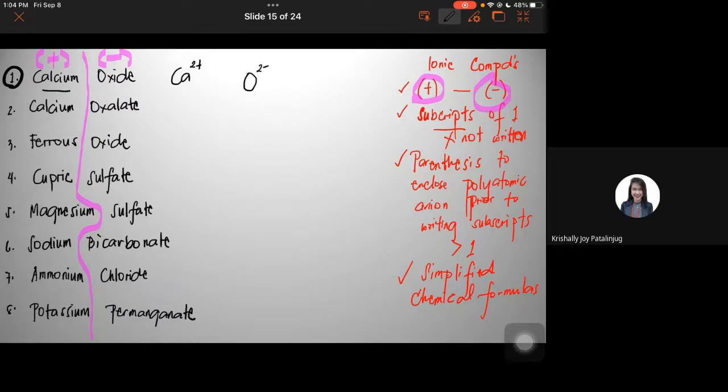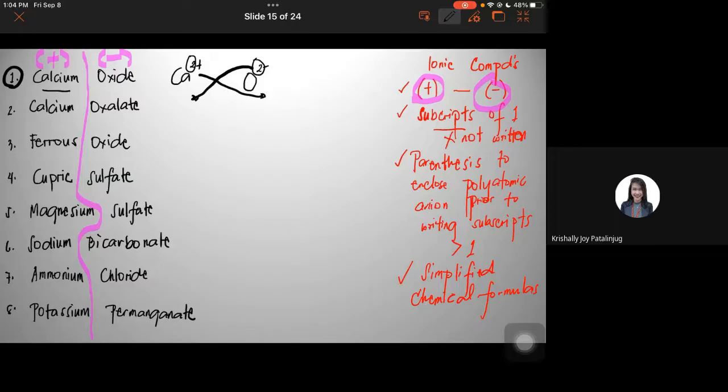Okay. And then next, the crisscross method to obtain the chemical formula. Meaning, in the crisscross method, you just have to cross over the numerical value of the charges, making them subscripts of the other ion. Okay, so this is a good example of a chemical compound that can be simplified.